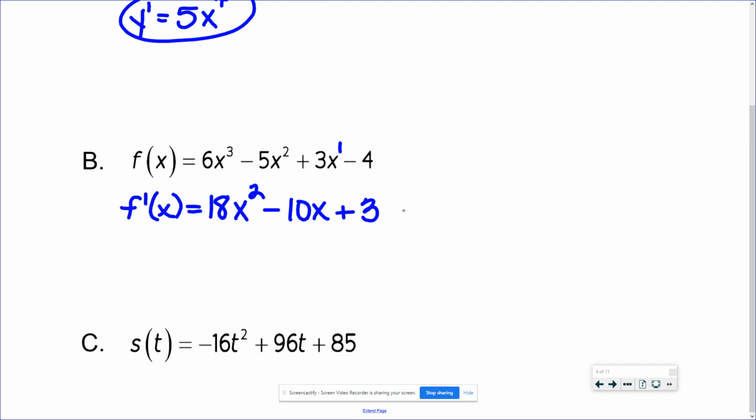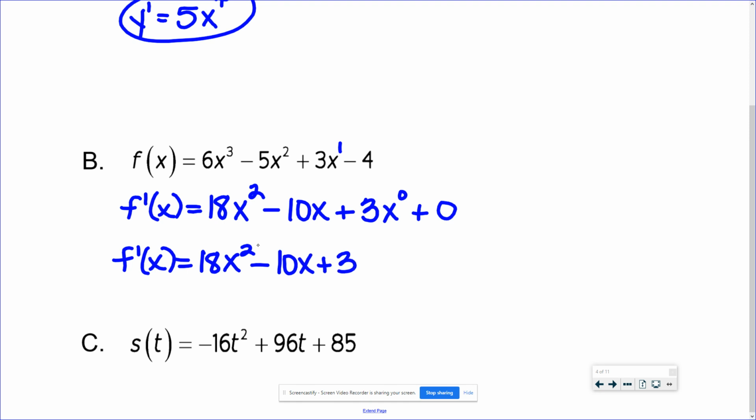And then subtract 1 from the power, and you get x to the 0. And then the derivative of 4 is a constant value, therefore its derivative is 0. Clean it up and you are done. So our answer is going to be 18x squared minus 10x plus 3.